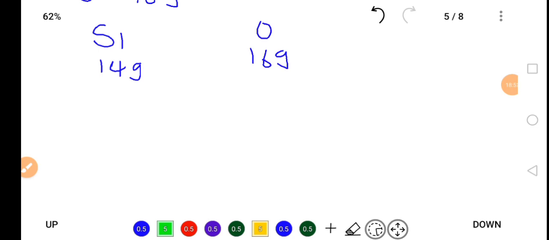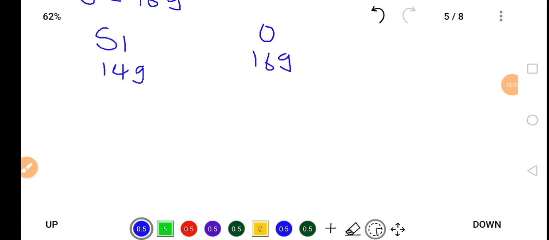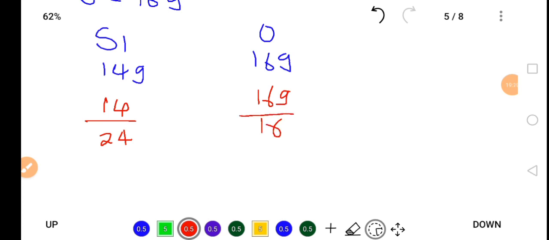So the mass is 14, so you are going to say 14 over the average atomic mass of silicon, which is actually 24, and here 16 grams over 16, that's the average atomic mass of oxygen. And then when you divide, you will find that it will be 1 more, and here it will be 0.5.